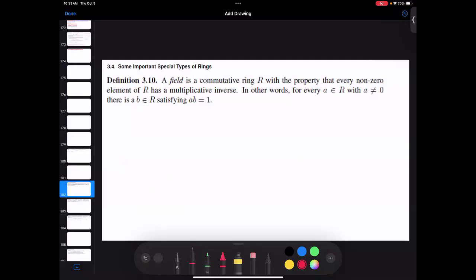Anybody know what's the one ring where the zero element under addition has an inverse? It is the simplest ring you can think of.